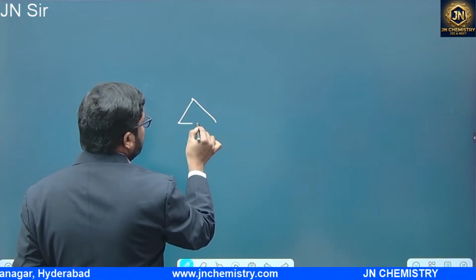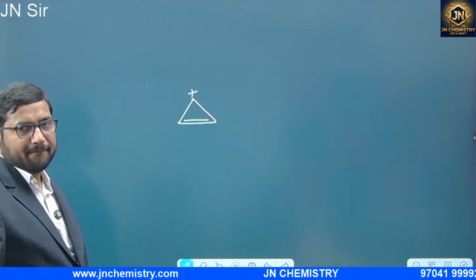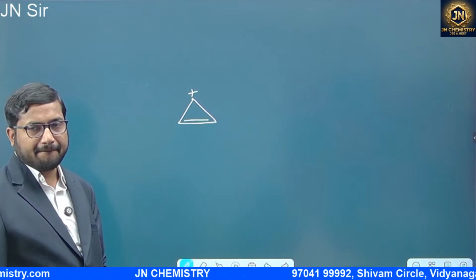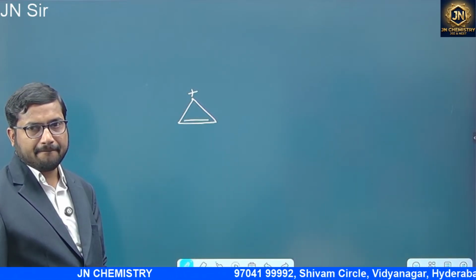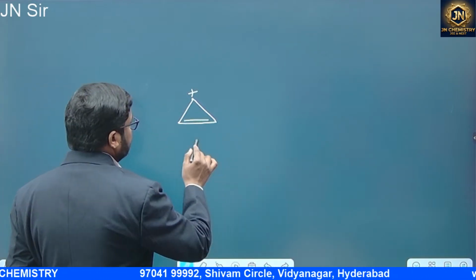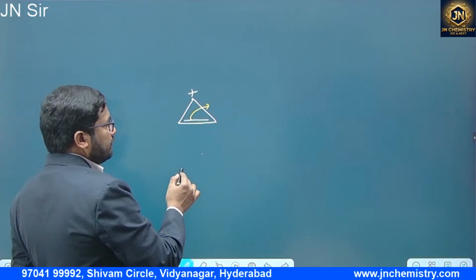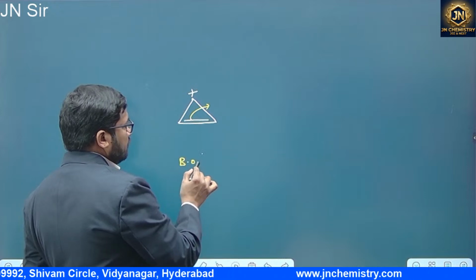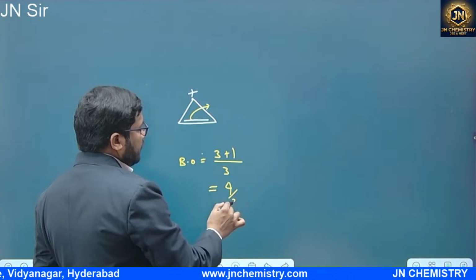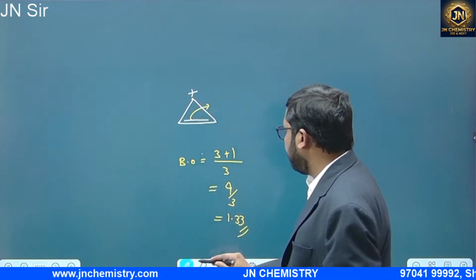Can you find out the bond order for this? So here, all are having the resonating structures, right? Total it is having the resonance. So the number of sigma bonds: how many? 3 + 1/3, that is 4/3, 1.33 something. That's enough. Clear?